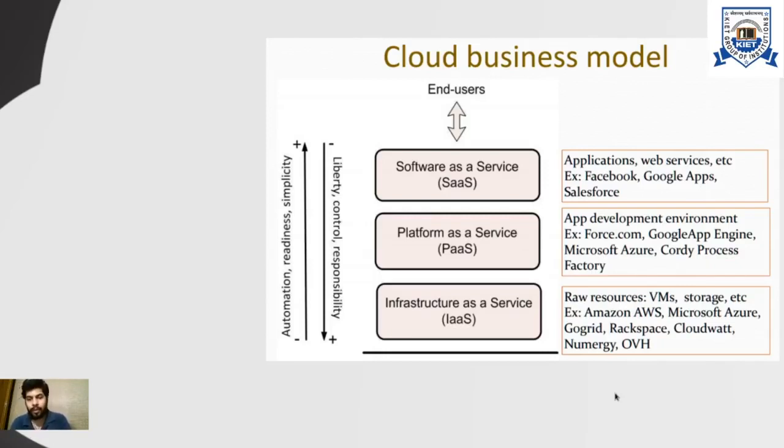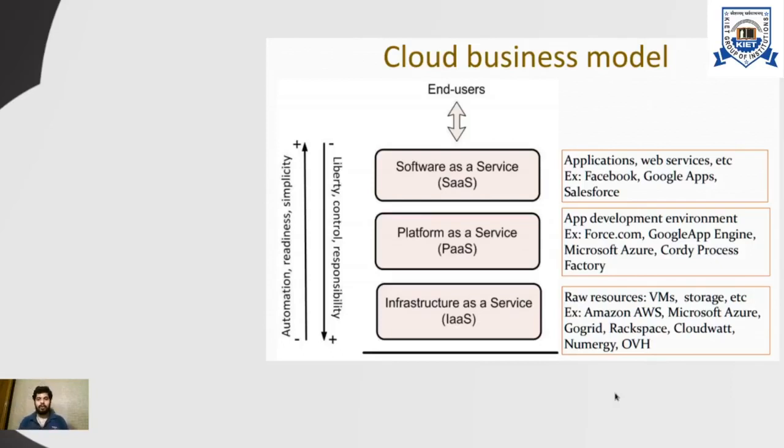Now if we talk about infrastructure as a service, they provide basic computational resources to the customer on a virtual level. Basically they provide an interface where users can manage all their computing resources. And when I say computing resources, it means networking, storage and computation power.